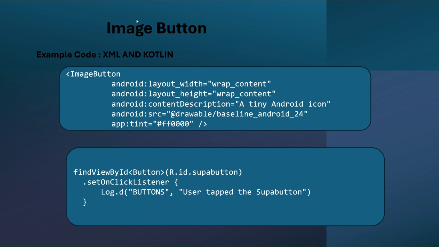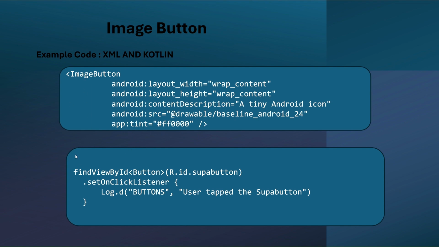And let's get into the image button. It starts from the example code. This is with height, and we are adding the description, and in the image button you can add the src, which is an image, and we are getting it from the drawable folder, and they are adding the tint, which is in the background.